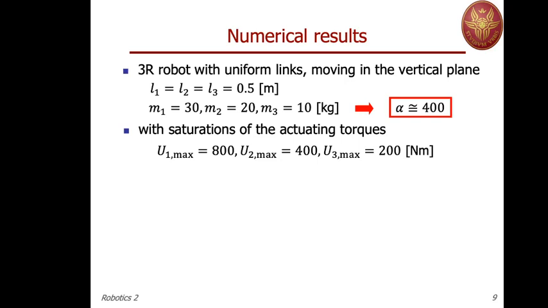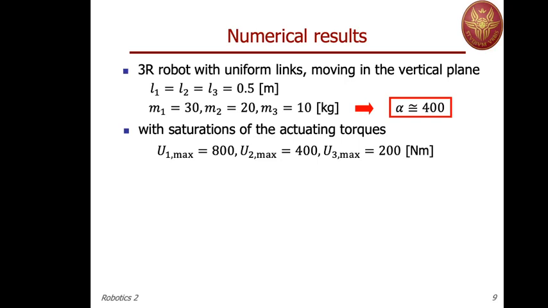So our theorem says that if you choose the Kp gain diagonal and the least element in the diagonal, in this case a 3 by 3 matrix, is at least 800, then you're guaranteed that you will converge, that the sequence of iterative learning of the gravity term will converge.